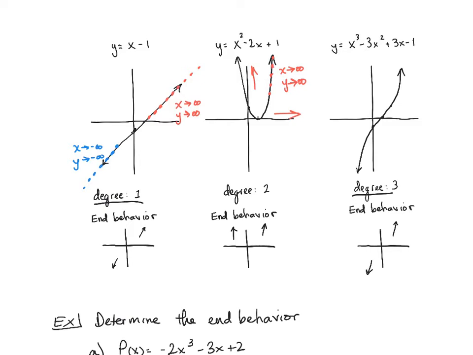On the other side of the function, it is still true that the x values are approaching negative infinity, but now the y values are approaching positive infinity. So x approaches negative infinity, y approaches positive infinity.